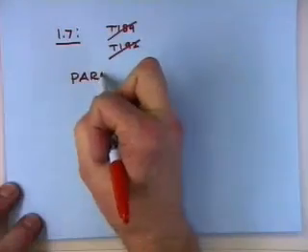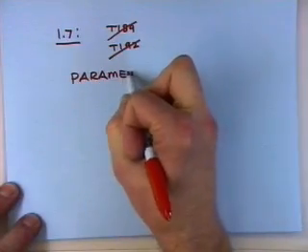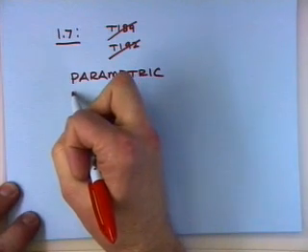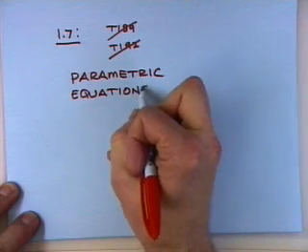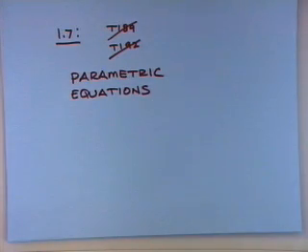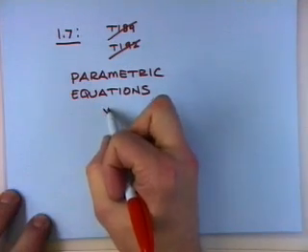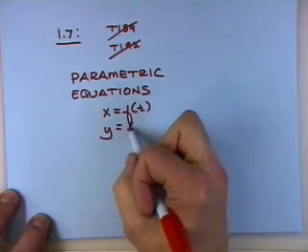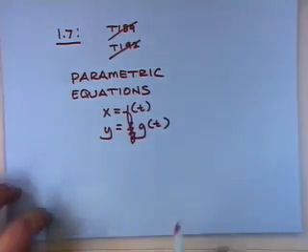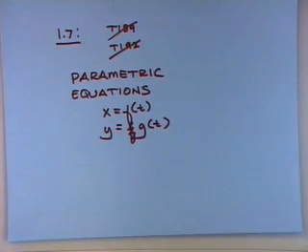Okay, parametric equations. So we're going to have not just a function that has x's and y's in it, but we may have x defined or described as a function of t, and y defined or described as, I don't want the same function, some other function of t.